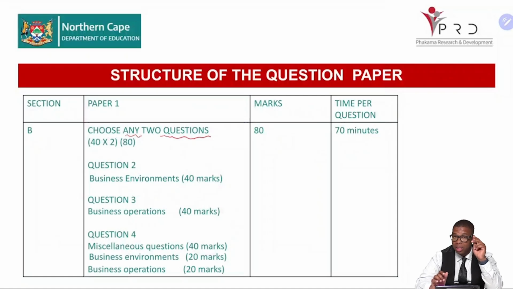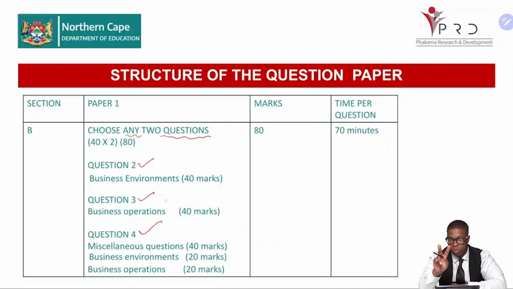Meaning you have to answer how many questions? 2. Question 2 or question 3 or question 4. So out of these 3 questions, you are expected to answer only 2. Therefore, you can answer question 2 and 3, or question 2 and 4, or question 3 and 4, depending on your preference.